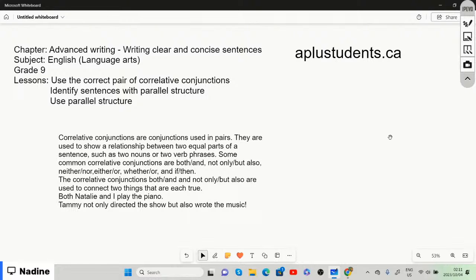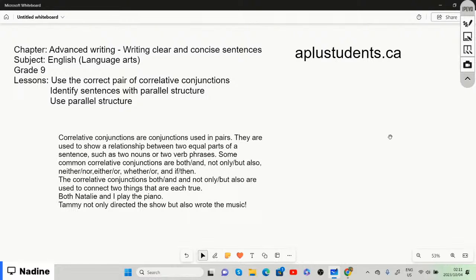So correlative conjunctions are conjunctions that are used in pairs, and we made a few examples of the pairs. They are used to show a relationship between these two equal parts of a sentence, and we said it can either be two nouns or two verb phrases.